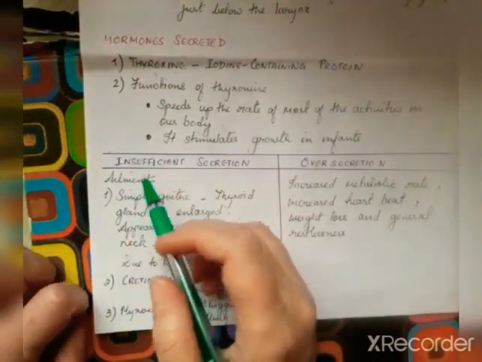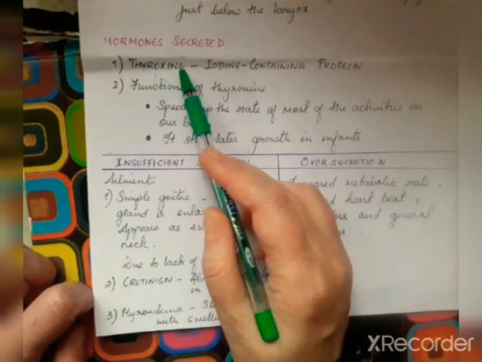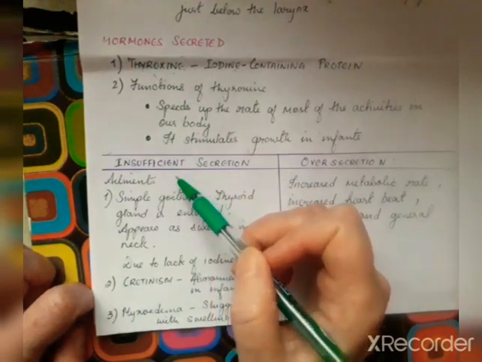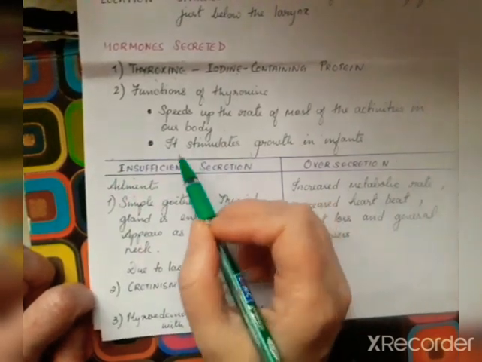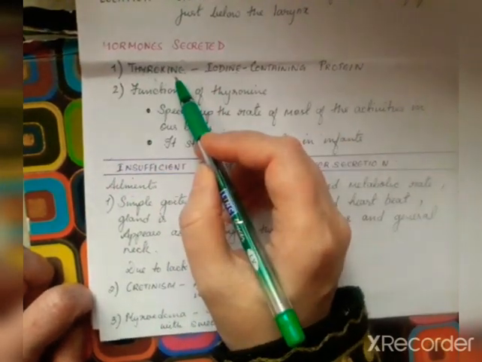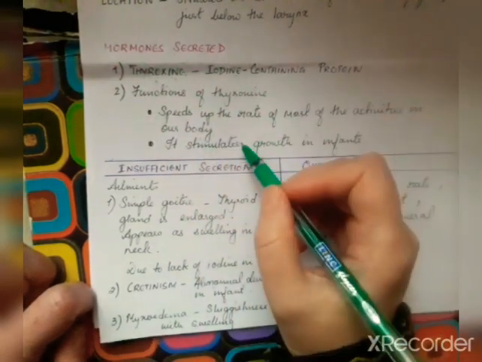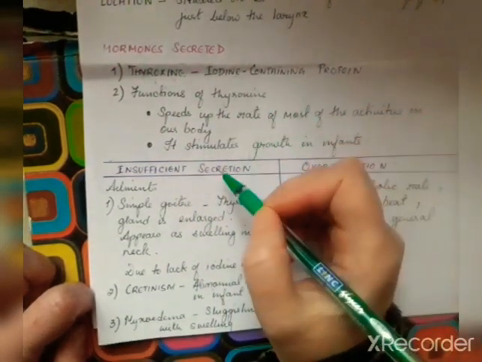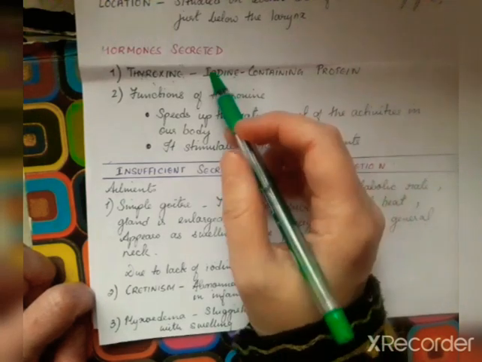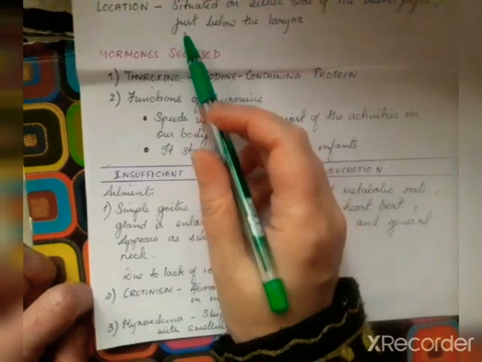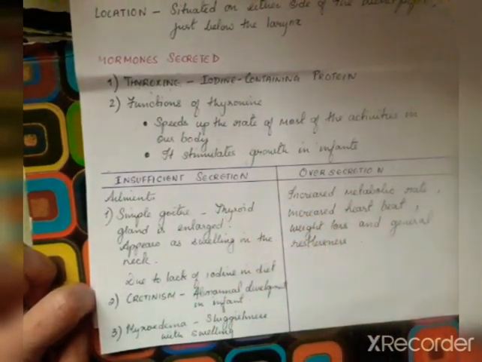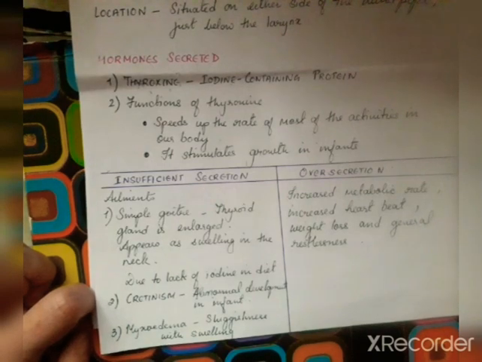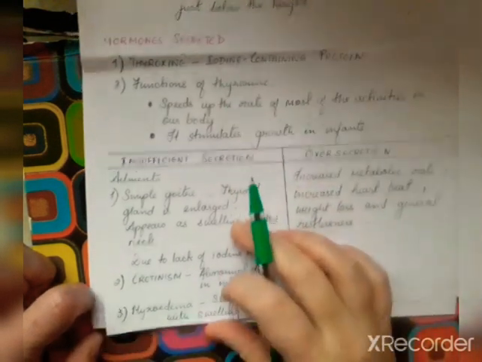So if this thyroxine is not produced in a sufficient amount, if there is an insufficient secretion of thyroxine due to some deficiency in the nutrients, due to the deficiency of iodine in the food, then very little thyroxine will be produced in the body if you lack iodine in your food.